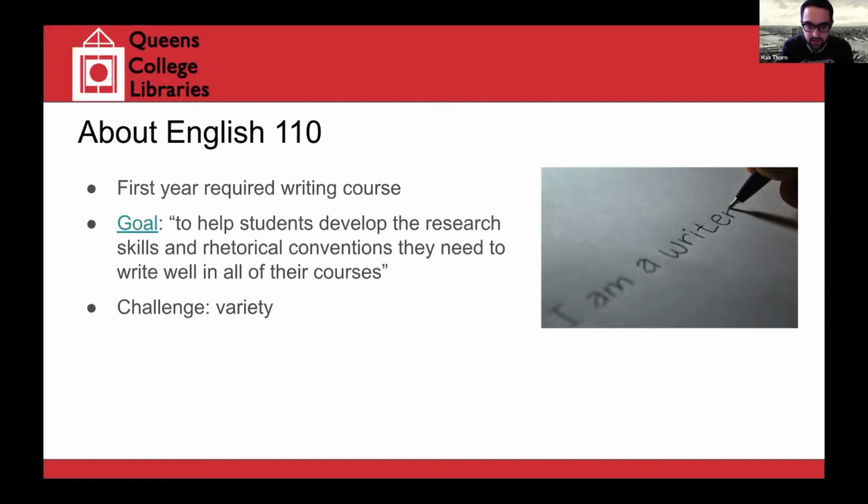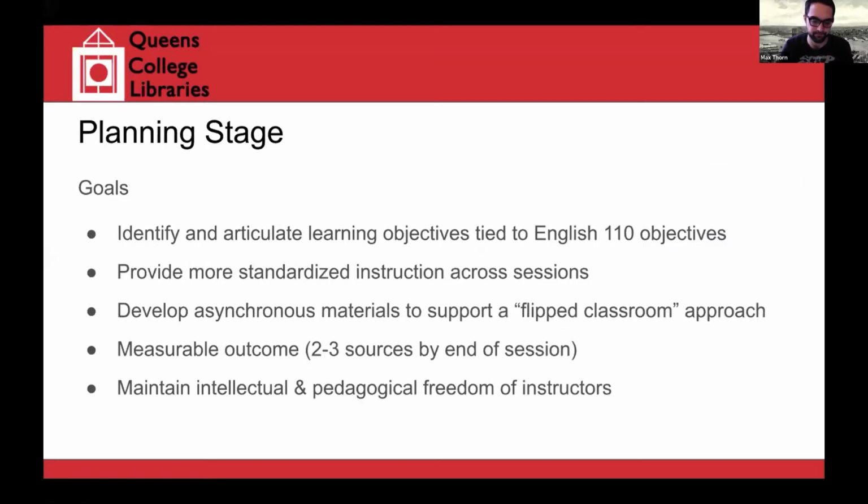On the library side, librarians providing research instruction come from a variety of academic backgrounds, nothing unusual there. So all told, English 110 library instruction must fall somewhere between complete standardization on the one hand for all sections, and on the other hand, bespoke customization for each section.